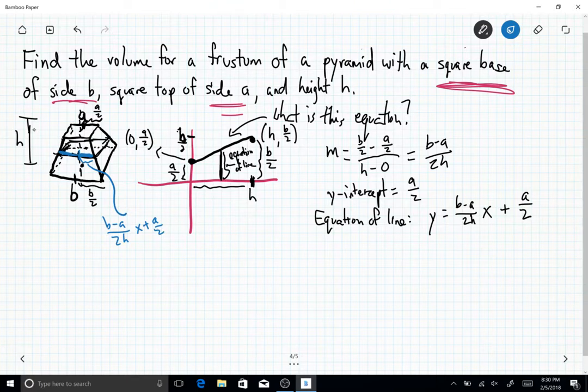So we're going to need to double that. So what we get for our integral, and notice our integral goes from 0 to h because it's on our side. So we double that, so 2 times b minus a over 2h times x plus a over 2. Right? That double has to be times the whole thing.